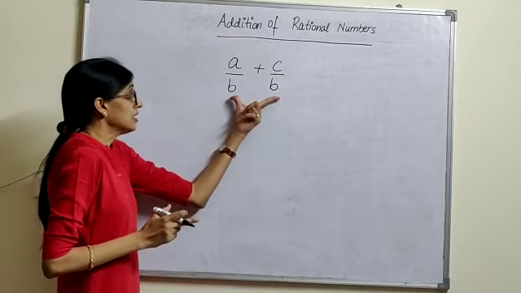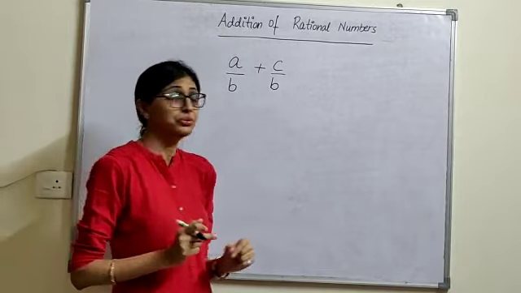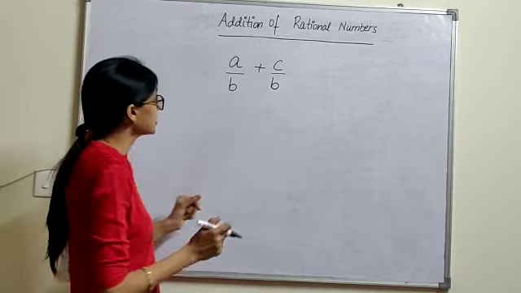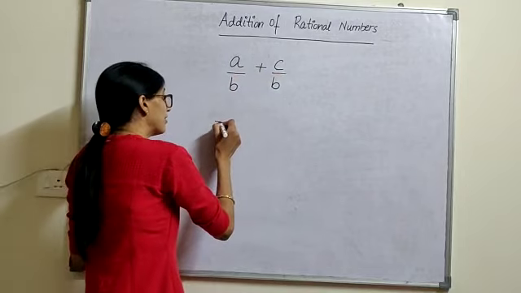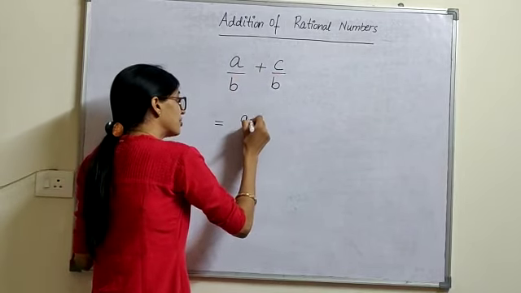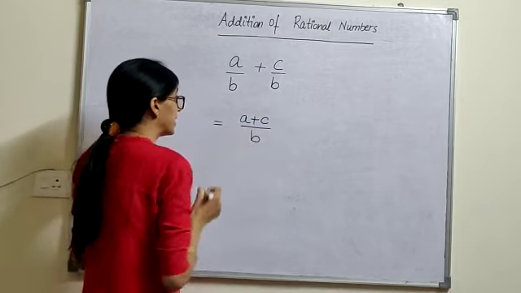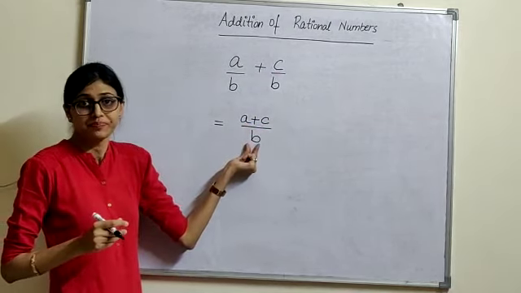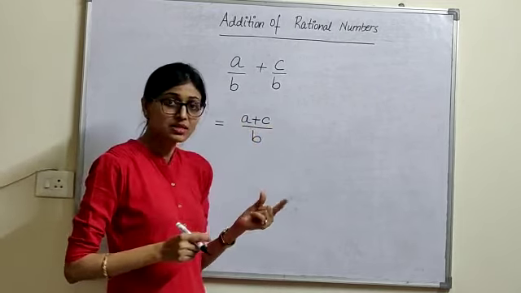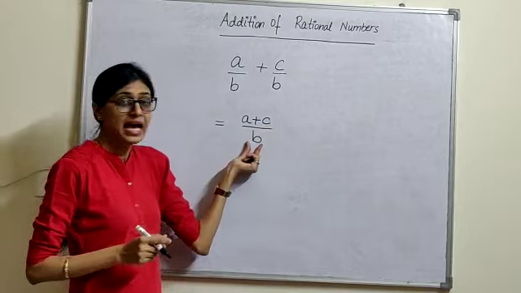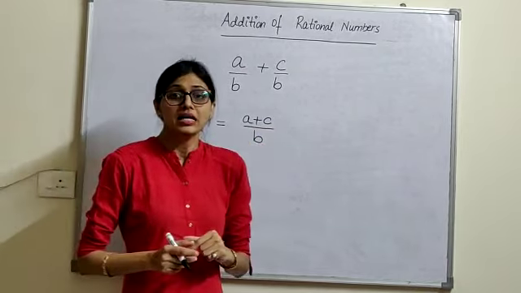If this type of rational numbers come in front of you, what you have to do is add the numerators and keep the base the same. You have to add both the numerators and take the base b as common, and this will be your final answer.